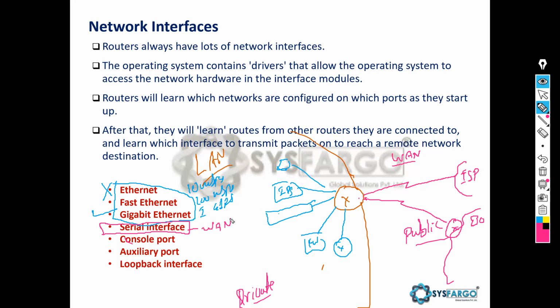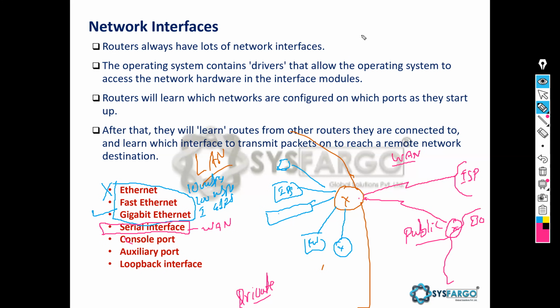Here, router to switch or router to firewall, we are not connecting with serial, only router to router. For the LAN, you connect any device to the Ethernet port. One more thing: whenever I draw it like this, you have to understand it's a router.